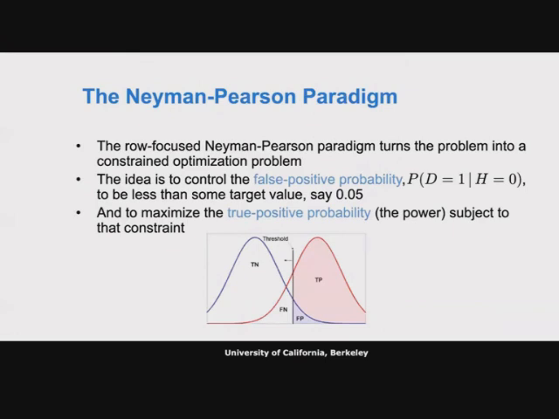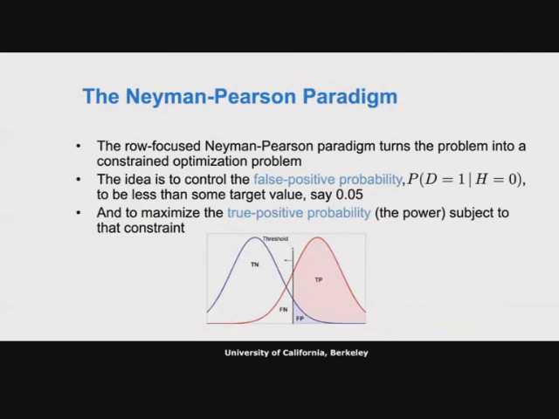But at the same time, you're trying to maximize your true positive probability, which is the red shaded region. So if you send the threshold off to the right too far, you're damaging your red shaded region. You're lowering the true positive probability, the sensitivity. So you don't want to do that. You just move the threshold just enough so FP is at 0.05, and now you've maximized the red region.